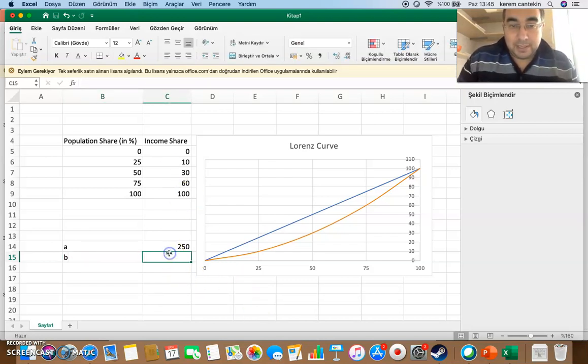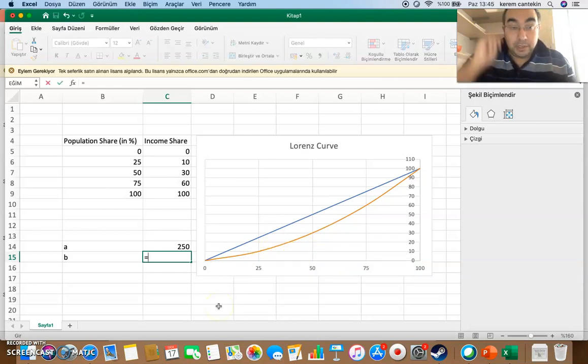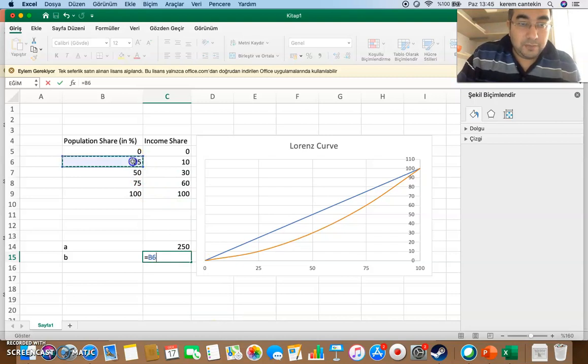We have a rectangle here, and rectangle is 25 times share of the previous group, which is this. By the way, the previous one was a triangle, so I should basically divide it by 2.